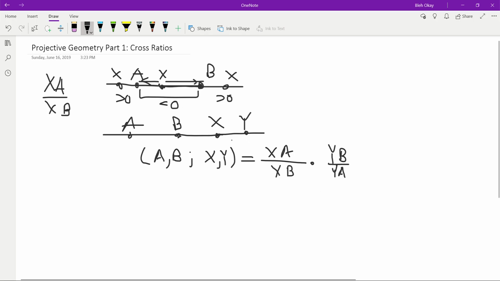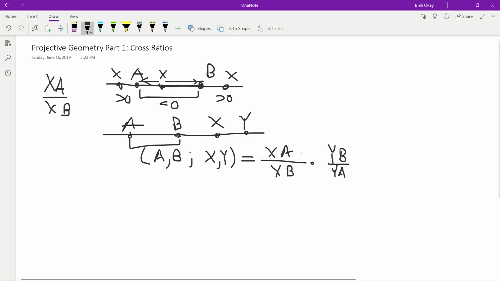So here we see that X and Y are both outside of the segment AB, meaning that both of these ratios are positive. So again, we have different scenarios in which this cross ratio can be positive or negative.